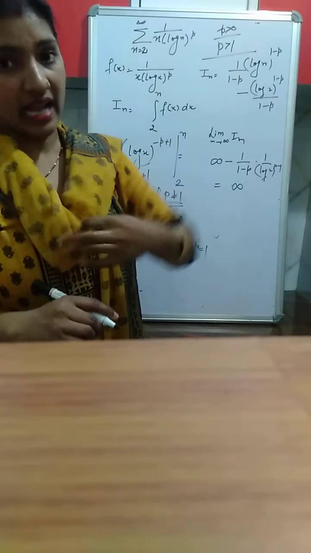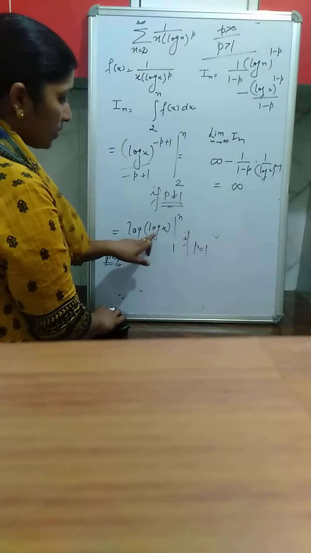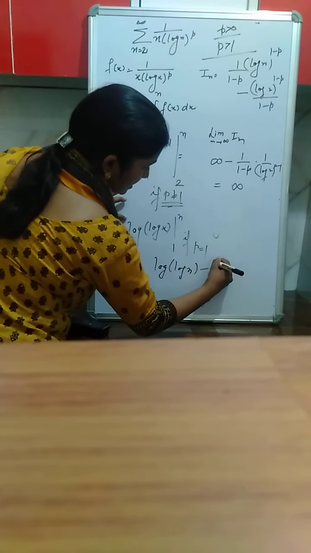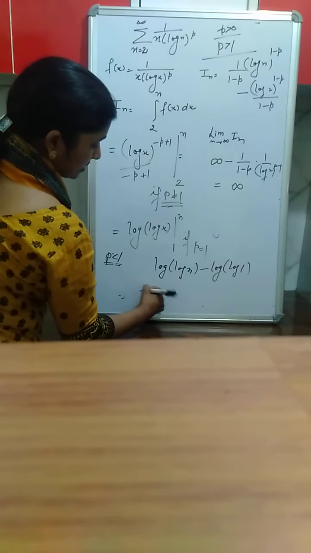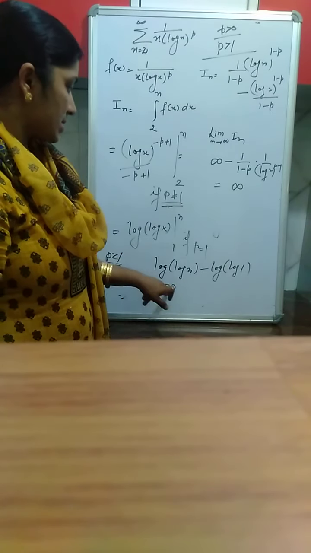And when the sequence I_n is divergent, this series is also divergent. Last, when p is equal to 1, the limit will be log of log n minus log of log 2, and this is infinity minus a finite quantity, which is again infinity, and therefore I_n is divergent, and therefore the summation is also divergent.